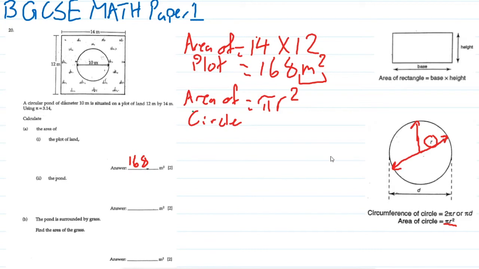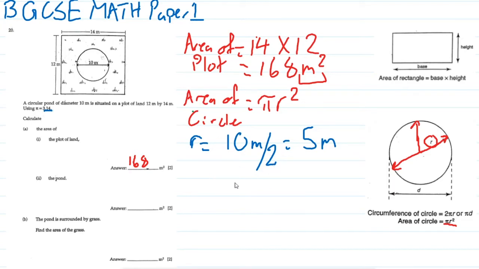For us to find our radius, we just need to divide our diameter by 2. So the radius r is just going to be equal to 10 meters divided by 2. That means in this question our radius is just going to be 5 meters. When we plug this all into our equation, remember they told us to use pi equal to 3.14.